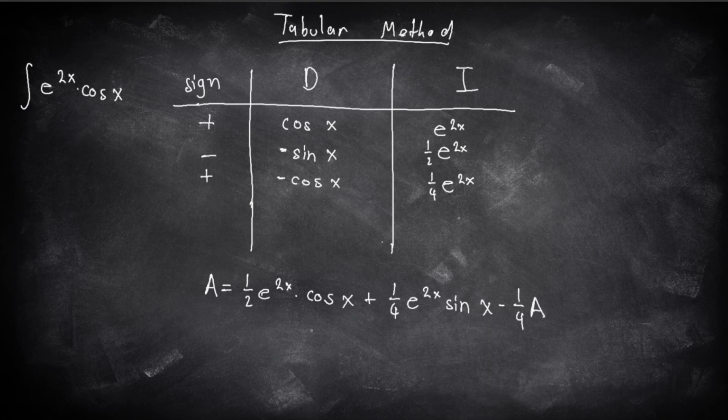So 1A plus 1/4 A is 5/4 A equals 1/2 e to 2x times cosine x plus 1/4 e to 2x sine x.